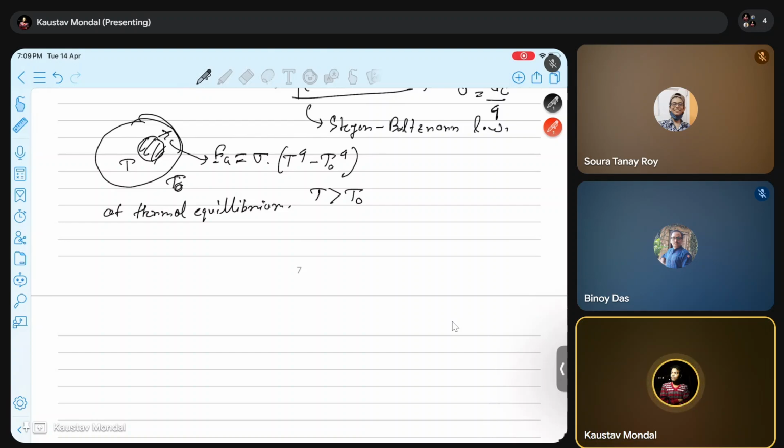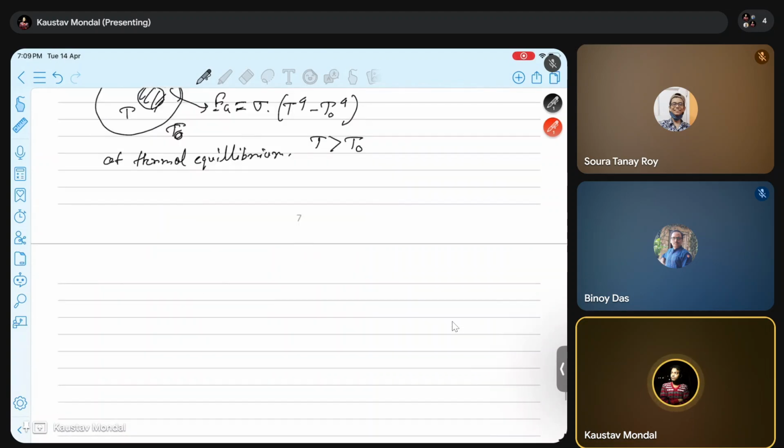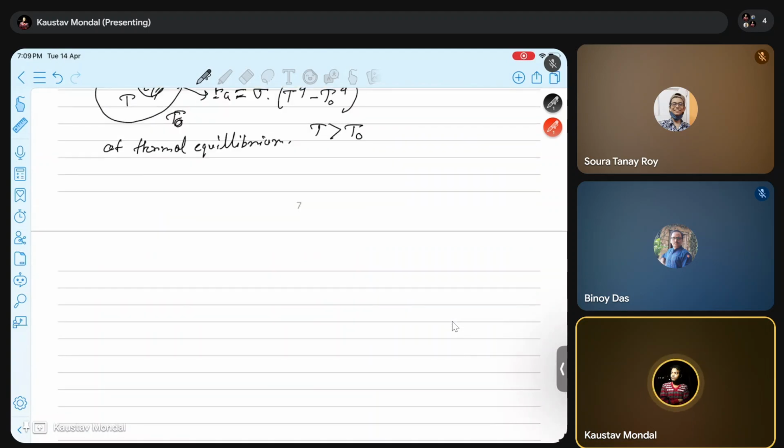And this law is for a black body, right? This Stefan-Boltzmann law.